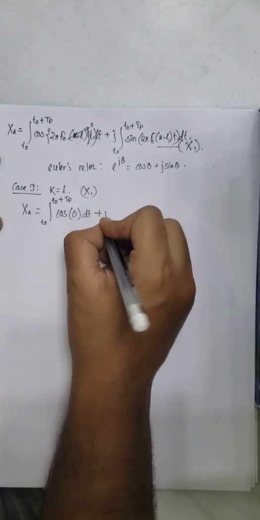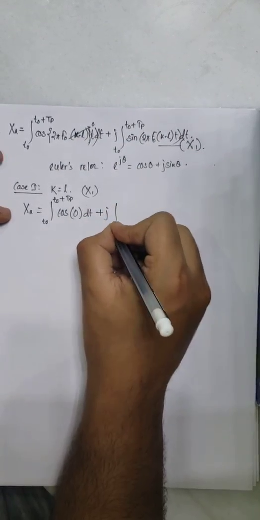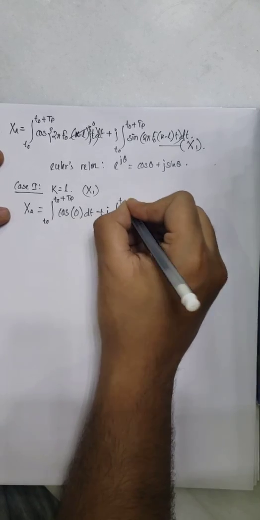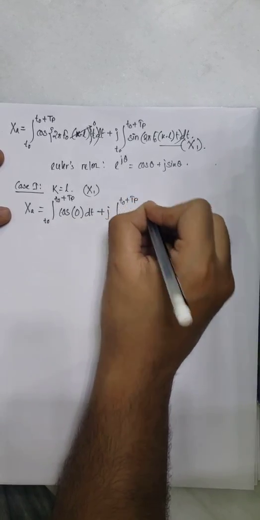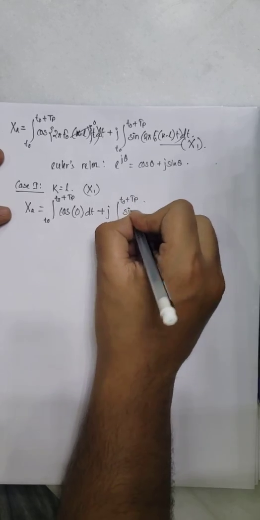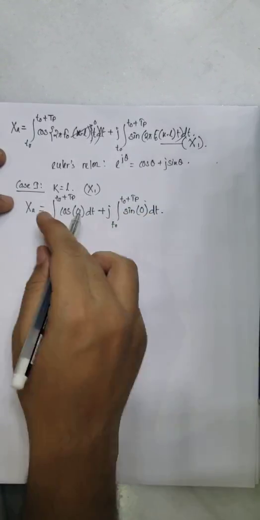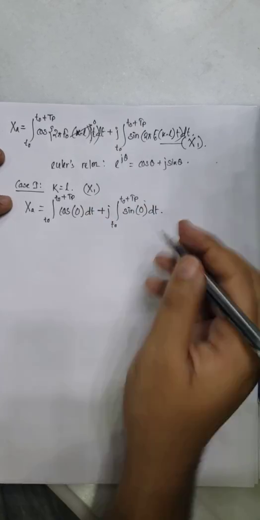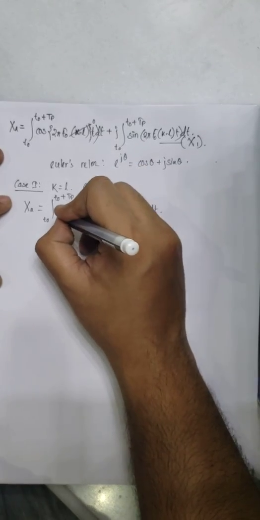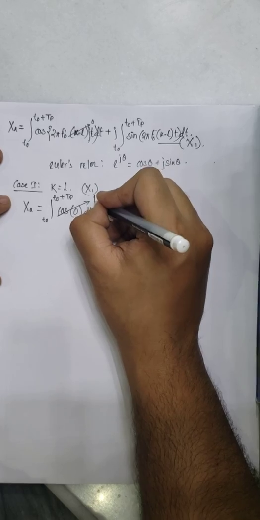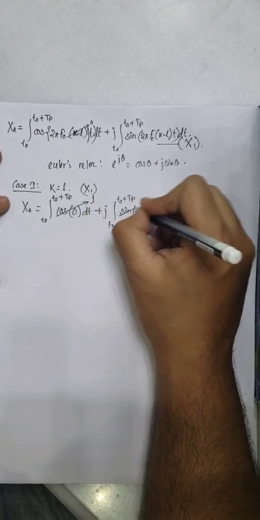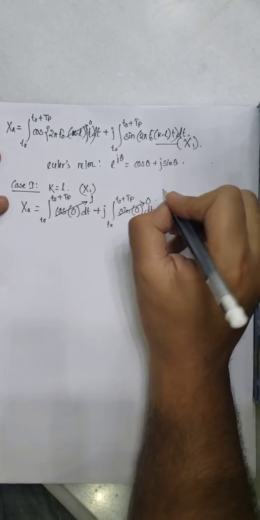Similarly, the sine term becomes the integral from t naught to t naught plus Tp of sine of 0 dt. Quite a similar argument. Now, from our basic trigonometry, this value is equal to 1, and this value will always be 0.